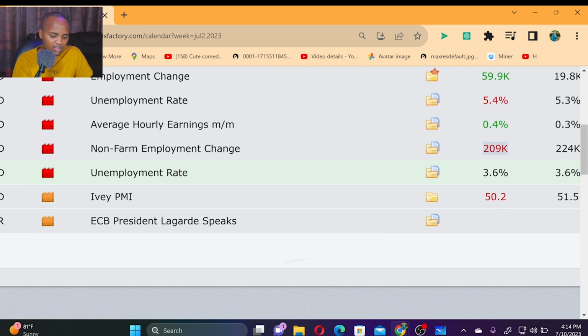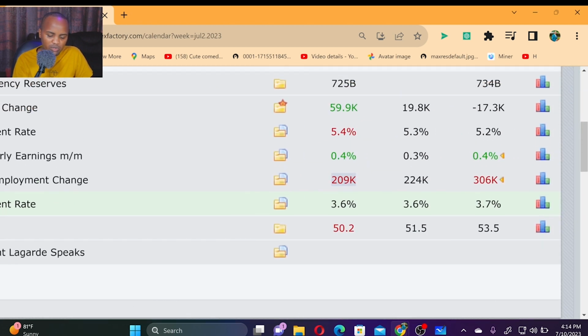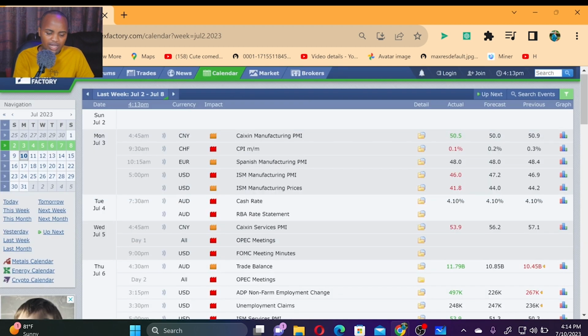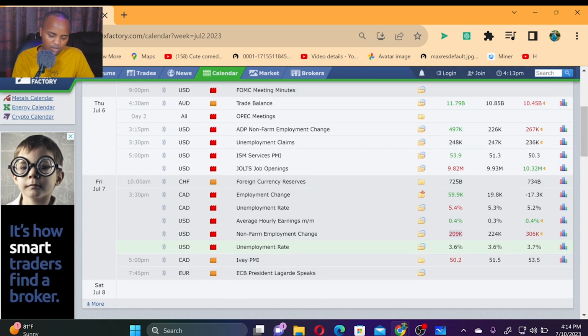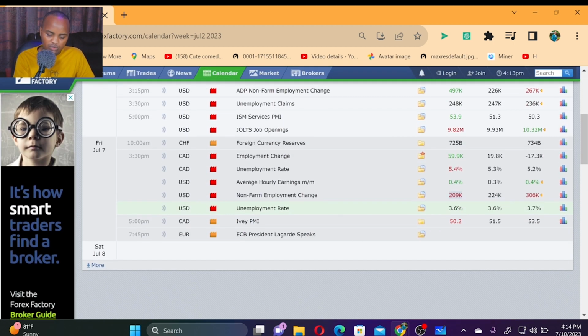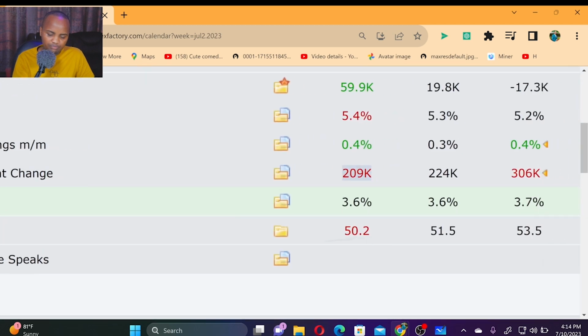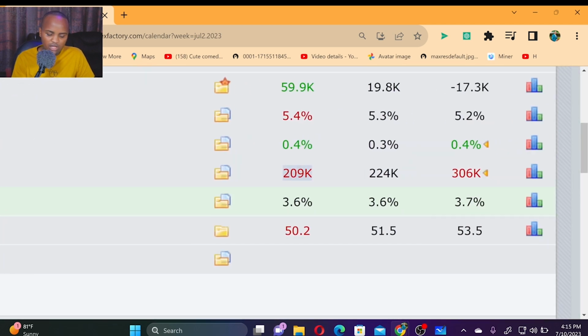You can see it was positive because it printed high employment. But on the NFP here in the US, the employment was low, 209,000, which means we saw a small number of jobs printed, and that made it negative towards the economy.